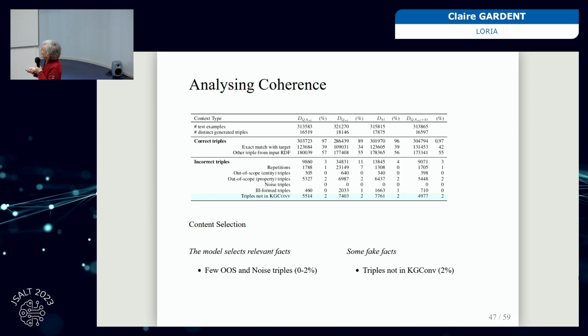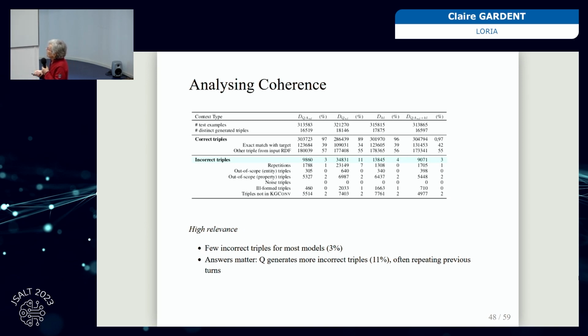So we do have some fake facts. We do sometimes generate facts that are actually not in the knowledge base. That's about 2%. So here we can see that the model is going to generate things, hallucination basically. And then the answer matters.